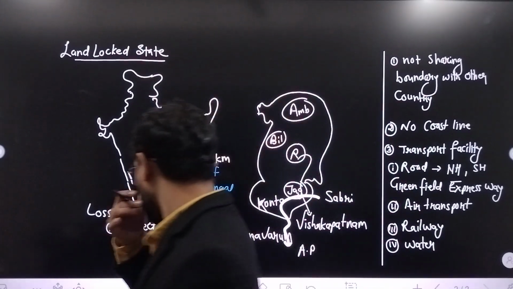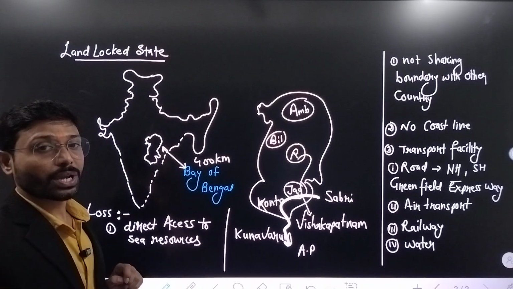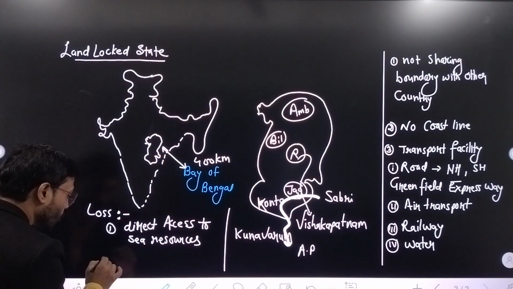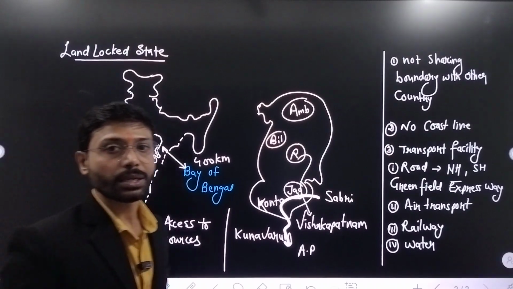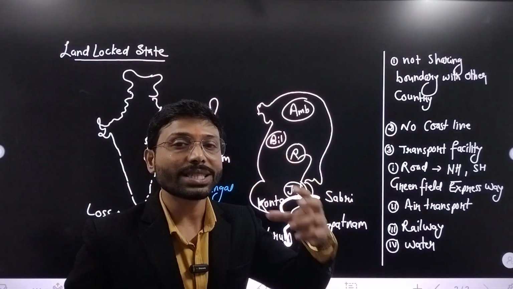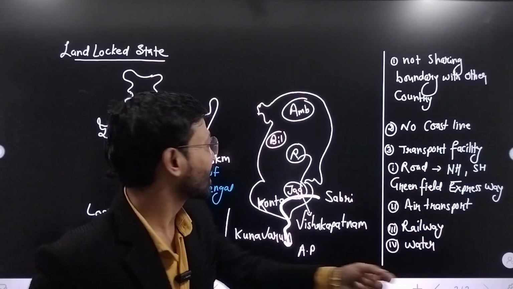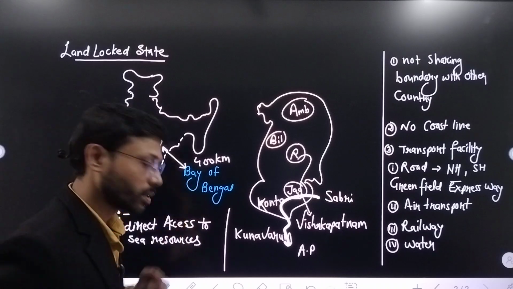Second thing, being a landlocked state, we have one more loss, that maritime boundary we don't have, and because of not having a maritime boundary, we don't have a facility to export or import directly through the sea route.